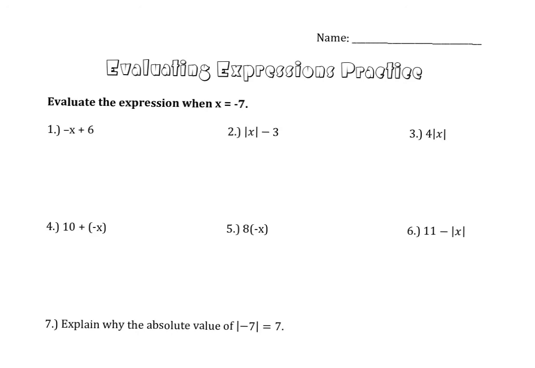Alrighty. Wherever you are right now, if you started working on the 1.1 through 1.6 review, I'd like you to stop working on that right now, and please go back to this Evaluating Expressions practice. So everyone should have this Evaluating Expressions practice open. I'd like you to switch to red ink, and we're going to go over this just like we do a warm-up. So this is different than a homework assignment where you're marking something right or wrong.